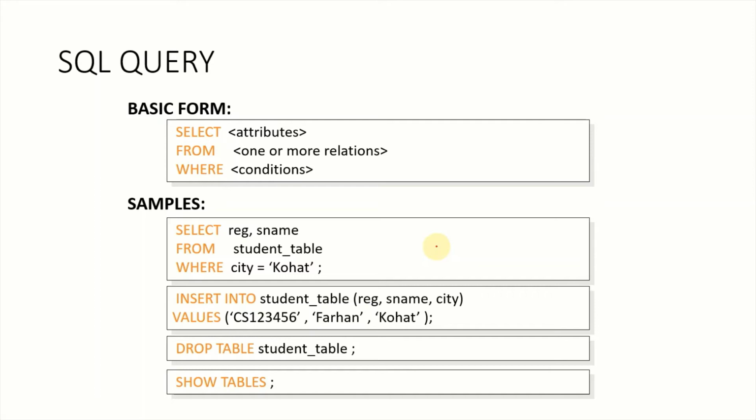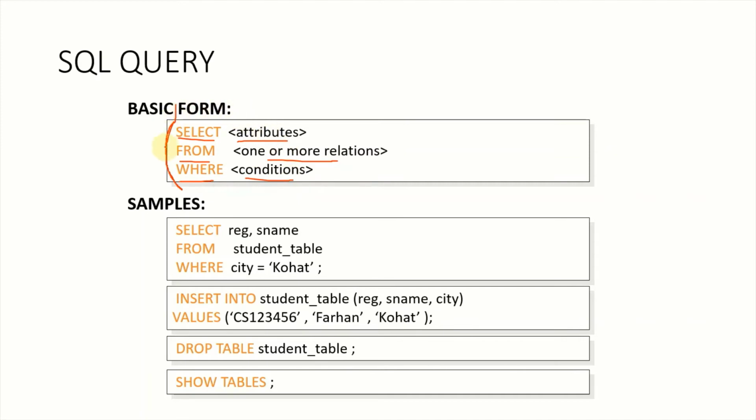So we have a statement here. This statement is actually a select query. So we have some keywords in this statement, and along with these keywords we are using some attributes. The attributes are lying in the relations, and we are specifying one or more relations, and we are giving some conditions.